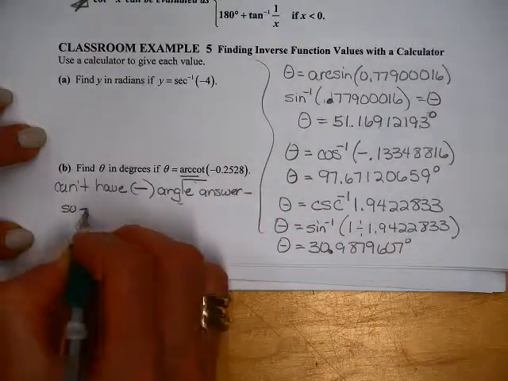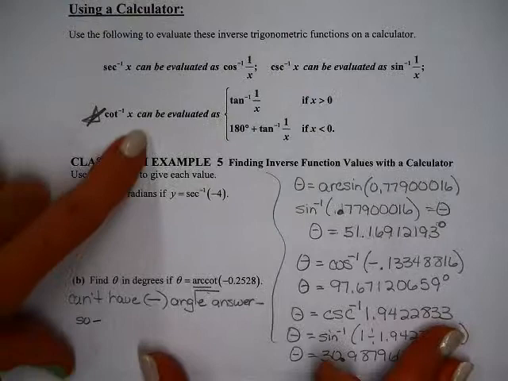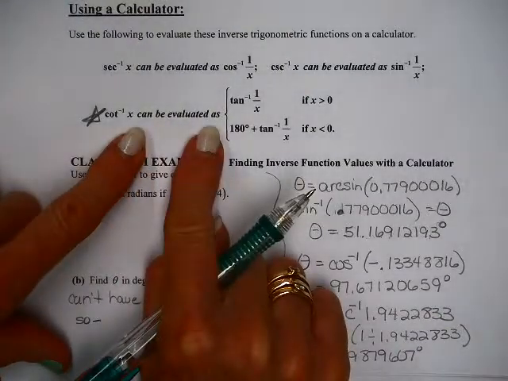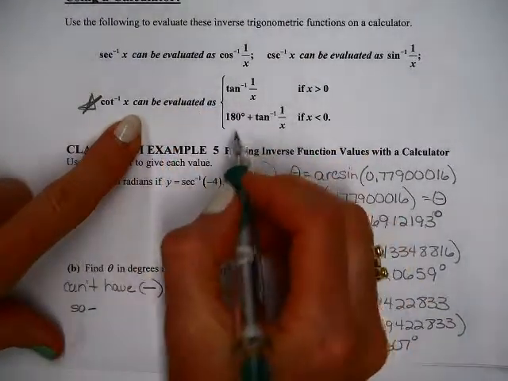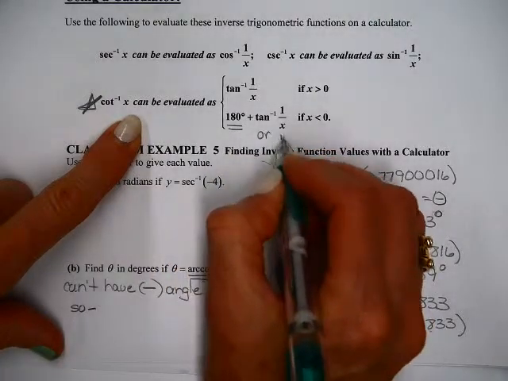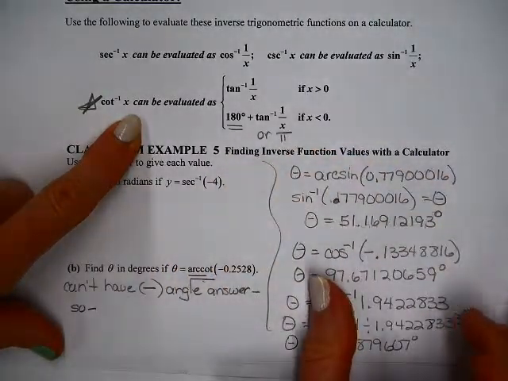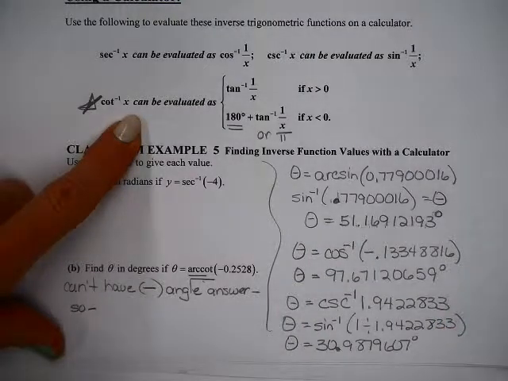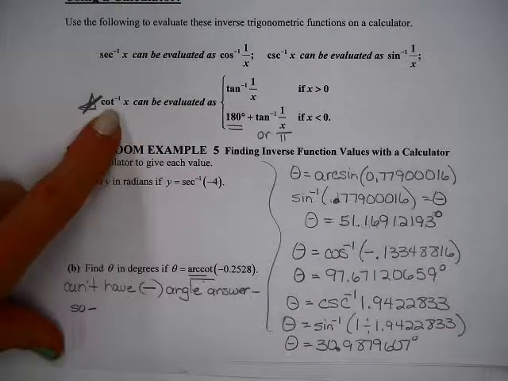So, if it gives you a negative angle answer, you are going to have to add 180 degrees or pi to your answer to get it back to the correct quadrant. This is only for arc cotangent. Your calculator knows everything else, and only if it's negative.